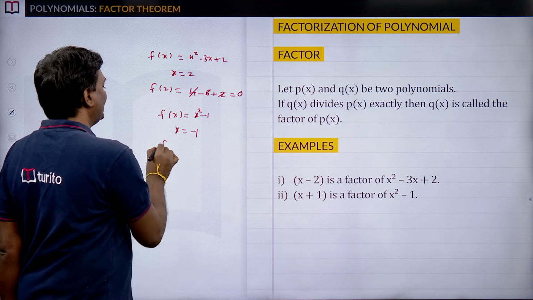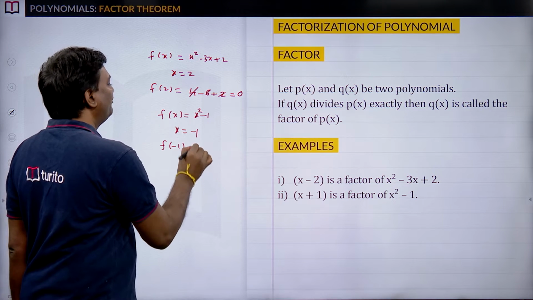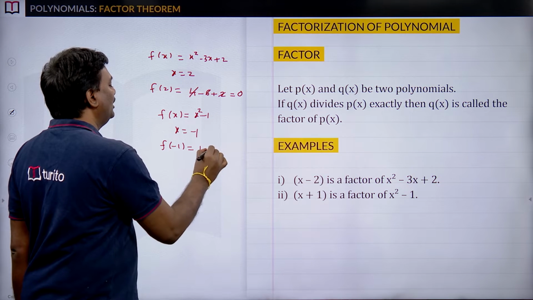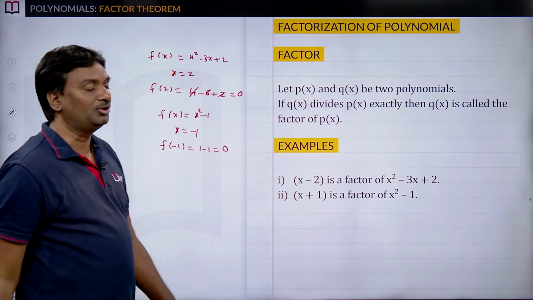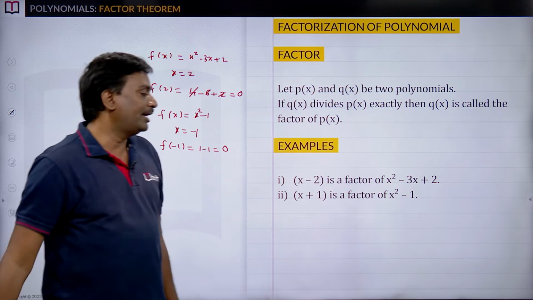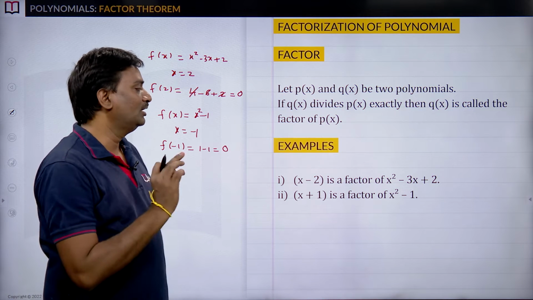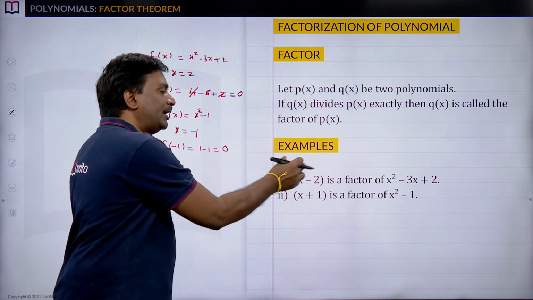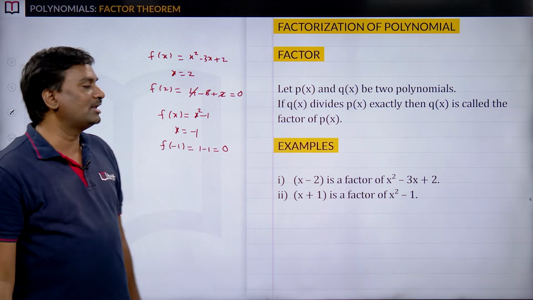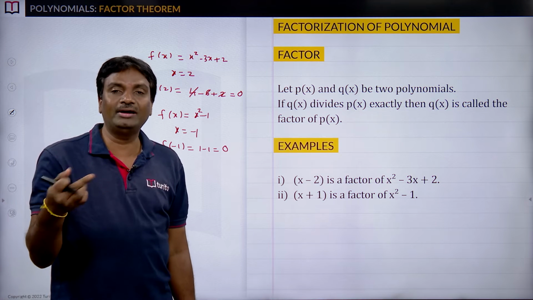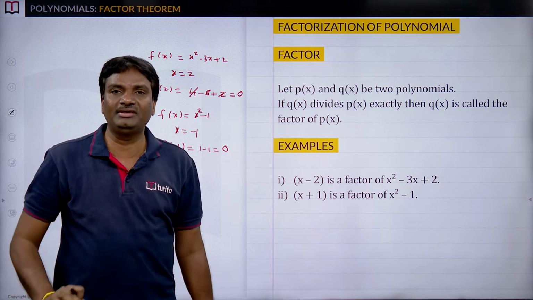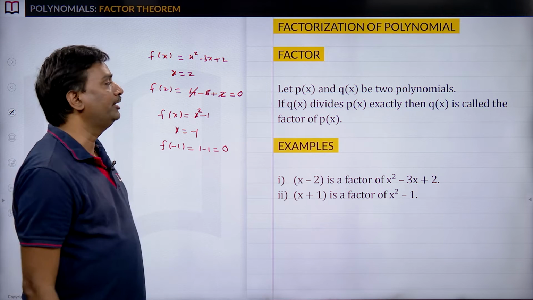In place of x, by writing minus 1, f of minus 1 equal to minus 1 square 1 minus 1 equal to 0. That is why we can say x plus 1 is a factor of x square minus 1. So, if by substituting x equal to 2 in the polynomial x square minus 3x plus 2, you do not get the remainder as 0, then we can say that is not a factor.